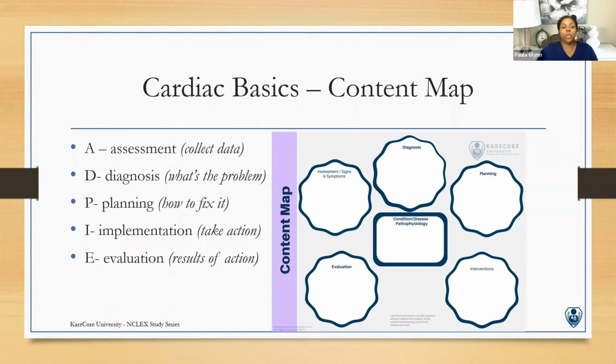You're able to get a full spectrum of what the disease or the pathology process is, and understand how to take care of your client or your client population from a systemic perspective. Now, of course, the nursing process is not the same for all patients, because all patients are different, just as our nursing care plans are. However, there is a standard that is consistent that you're going to want to understand.